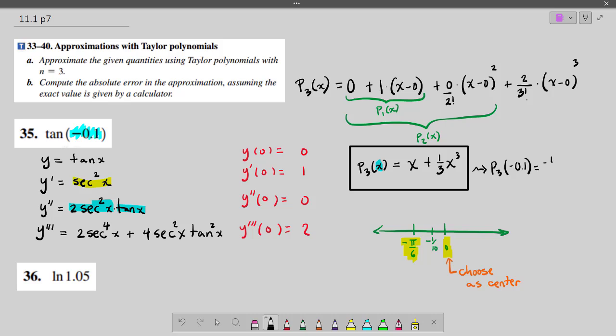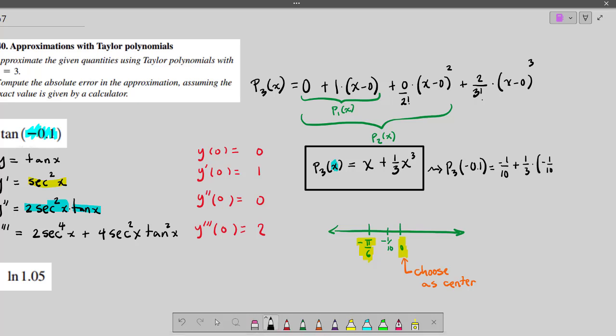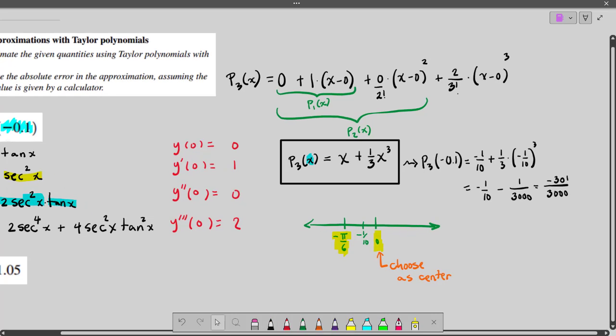So we're going to have negative 1/10 plus 1/3 times negative 1/10 cubed. So negative 1/10 cubed, and if we can simplify this, we will. So that's going to be negative 1 over 3,000. And if we get a common denominator, multiply this thing by 300 over 300, we're going to get minus 301 over 3,000, if I did the arithmetic correctly.